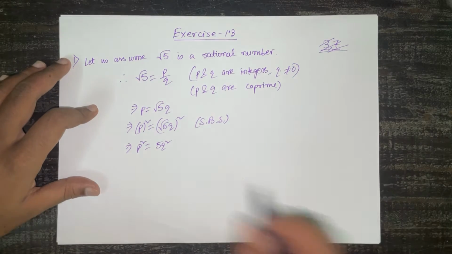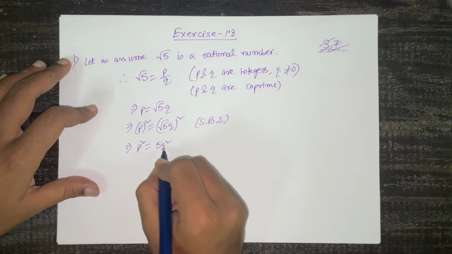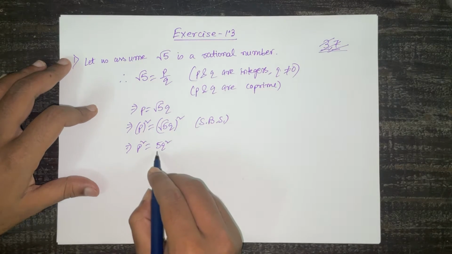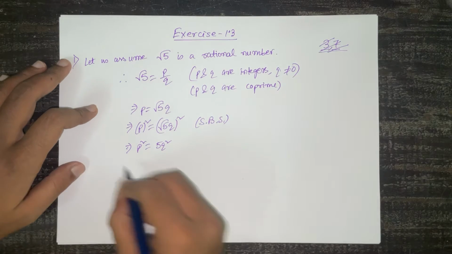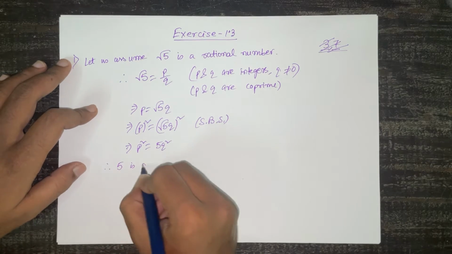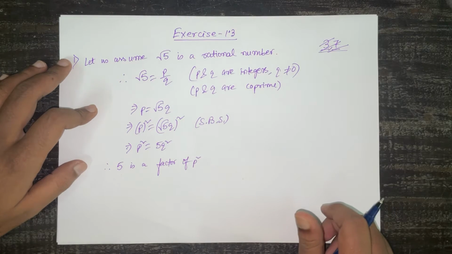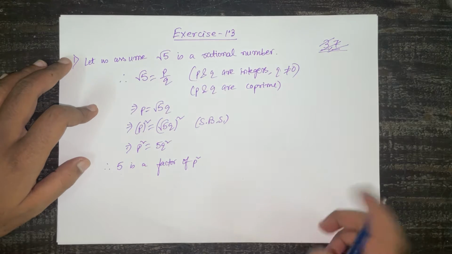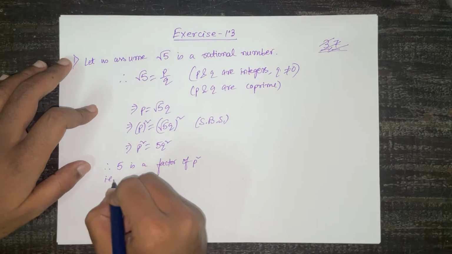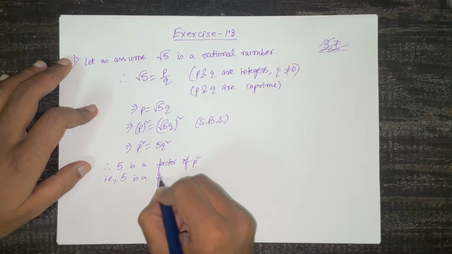Now, here p square is equal to 5q square means 5 is a factor of p square. So therefore 5 is a factor of p square, right? Now if 5 is a factor of p square, then 5 is a factor of p.